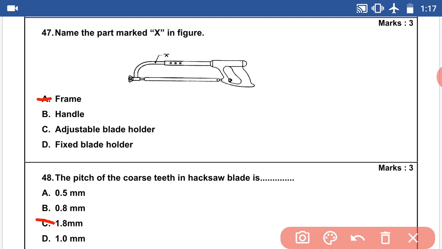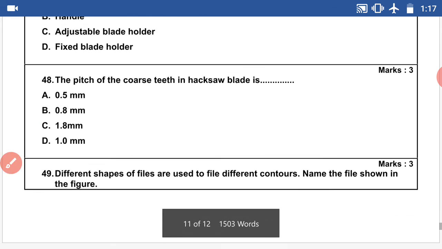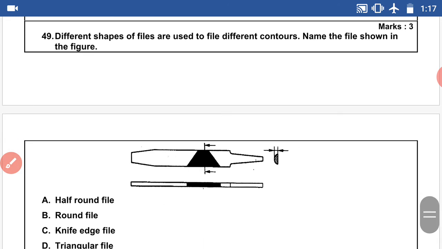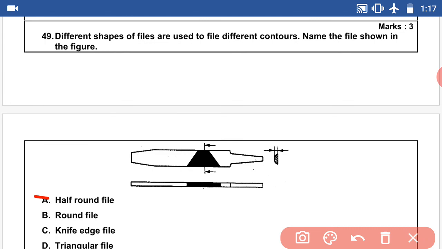Question number 49. Different shapes of files are used to file different contours. Name the file shown in the figure. This file's name is half round file. Option A is the correct answer. Question number 50.